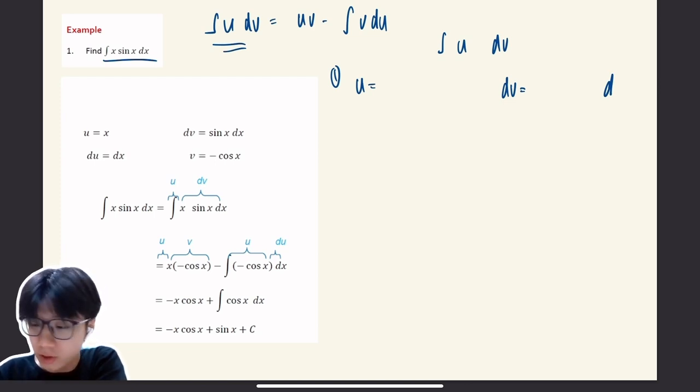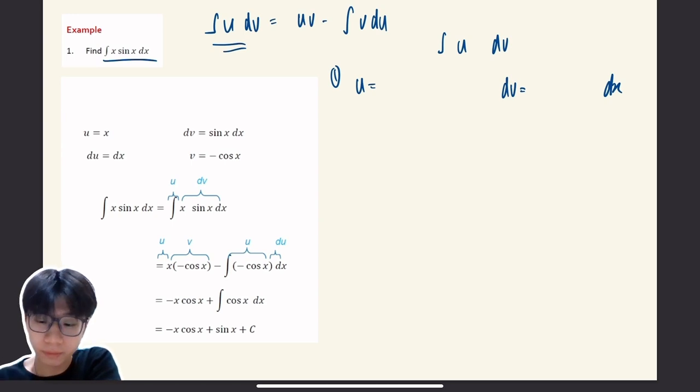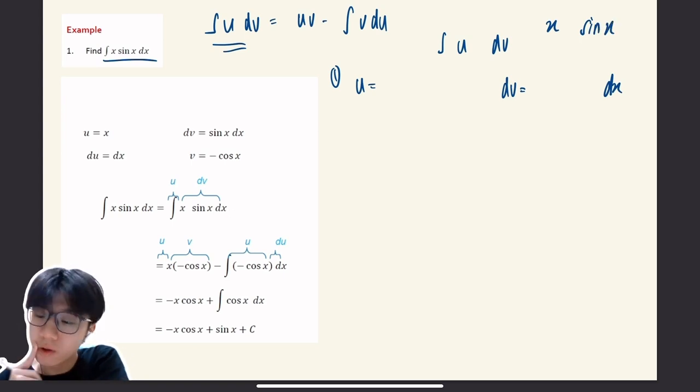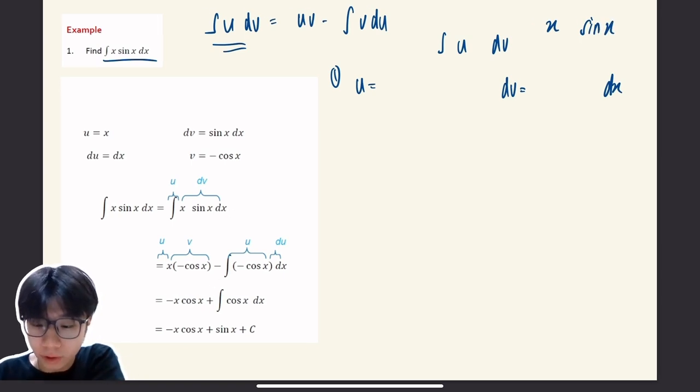For this question it is x, so we put the x here. Actually we can choose either x or sin x. We have two variables here. Either you choose x equal to u or sin x equal to u, or x equal to dv or sin x equal to dv.